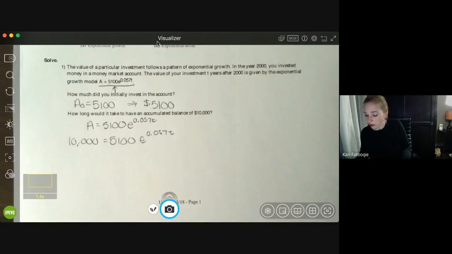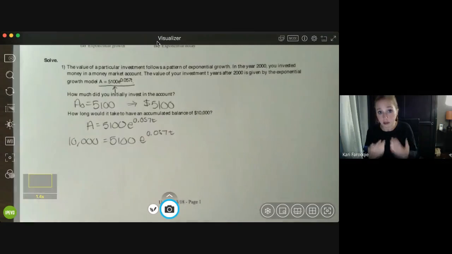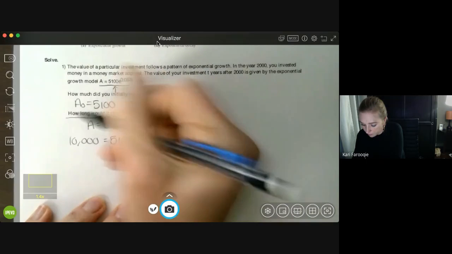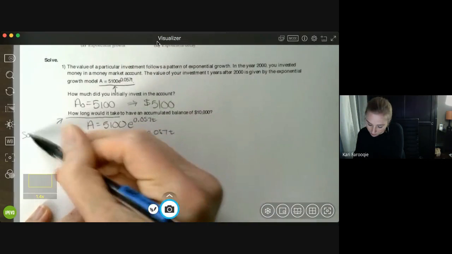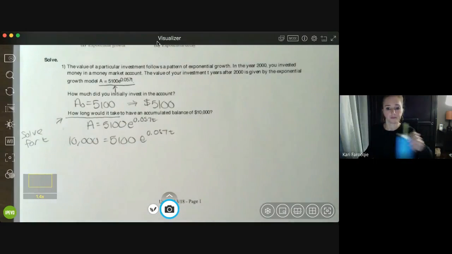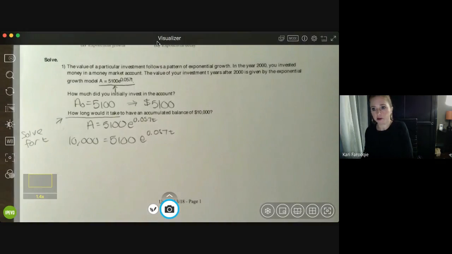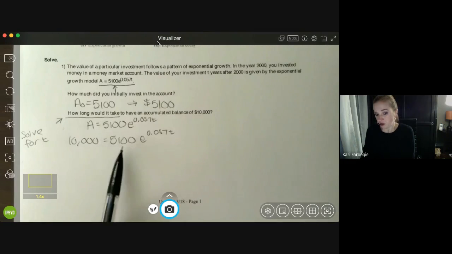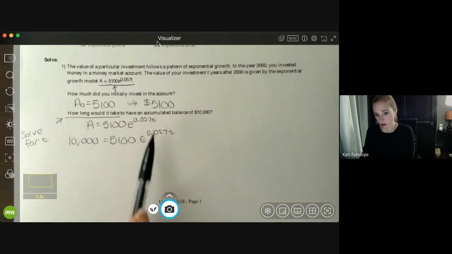So if we're trying to answer the question, how long would it take? That means we're trying to solve for t. Your question is always going to lead you to what variable you're trying to solve for. All right, so here's your final amount, initial amount, and then you already have this growth constant k in your function.